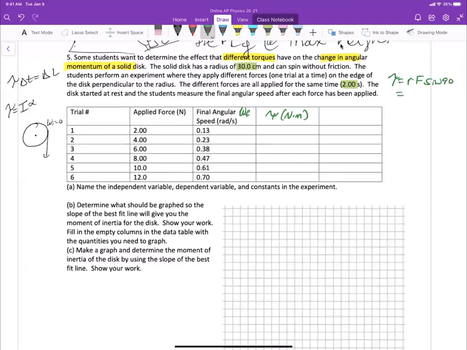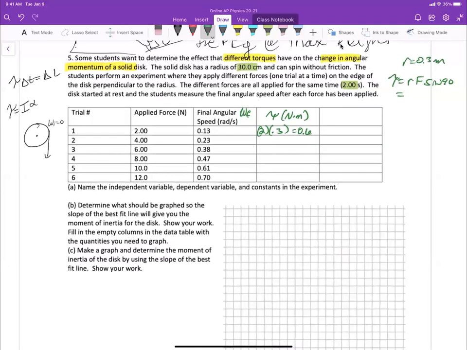We know R is 30 centimeters, so R is equal to 0.3 meters. The first torque is 2 newtons times 0.3, which gives me 0.6. And you fill that out for each one.